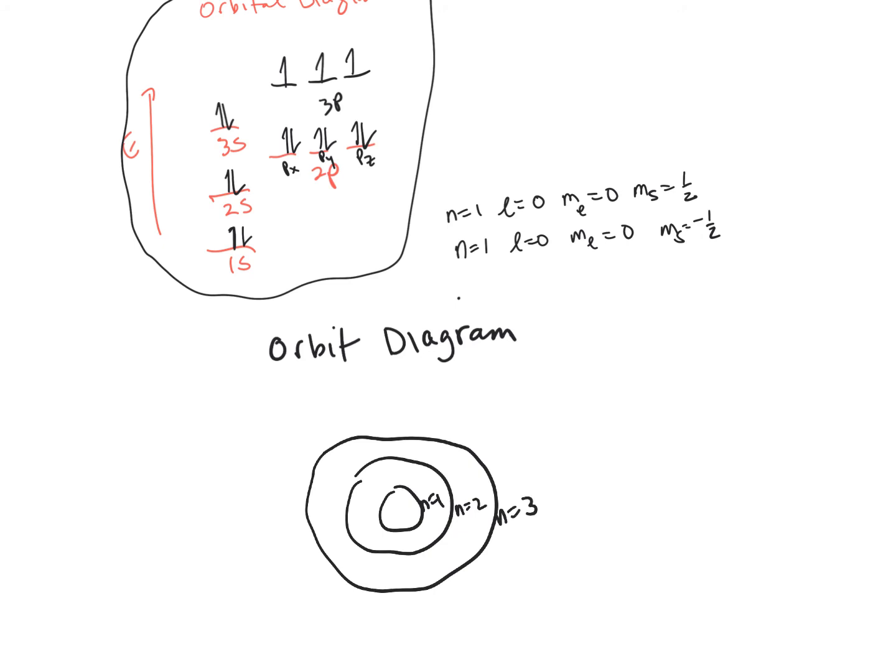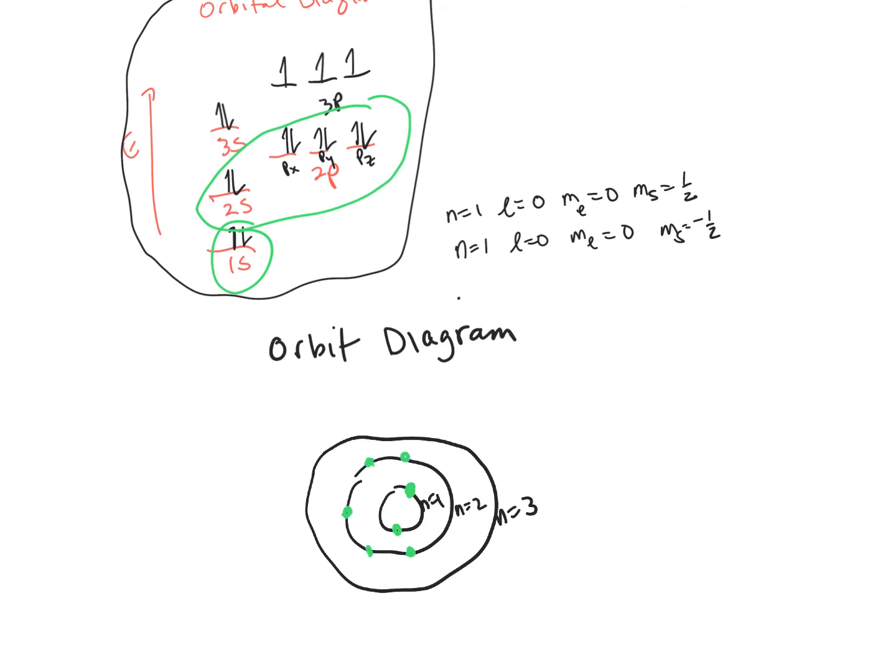That correlates with the principal quantum number. So you've got 2 electrons that are going to fit in n equals 1. You have a total of 8 electrons that are going to fit in n equals 2. So in this orbit diagram, you're not differentiating between s's and p's, right? They're just 8 of them.